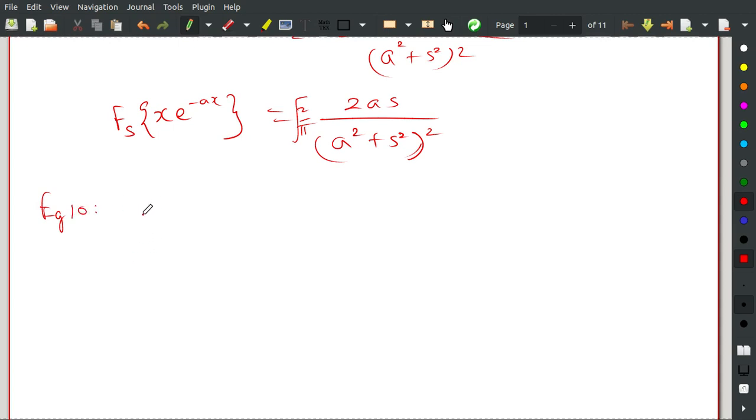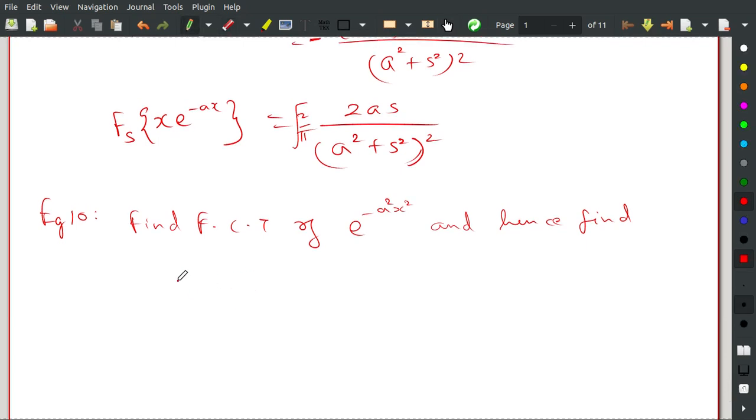It says find the Fourier cosine transform of e power minus a square x square, and hence find the Fourier sine transform of x into e power minus a square x square. Okay, so let's try to solve this one.